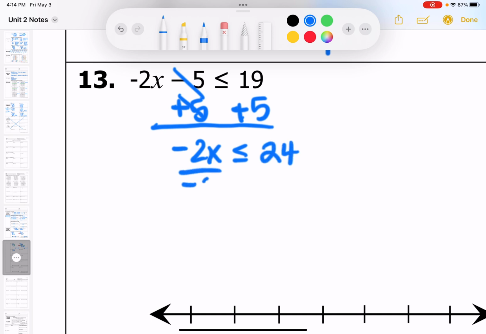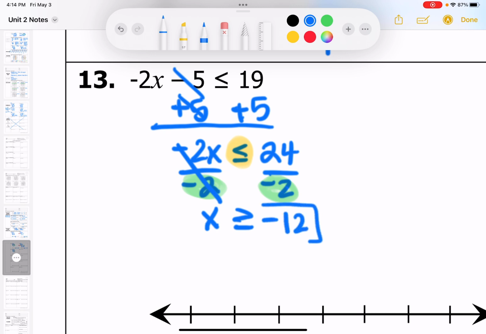And then I'm going to divide by a negative 2. So we're dividing by a negative number, so I'm going to take my inequality sign and flip it. Then these 2's cancel, and 24 divided by negative 2 is negative 12.